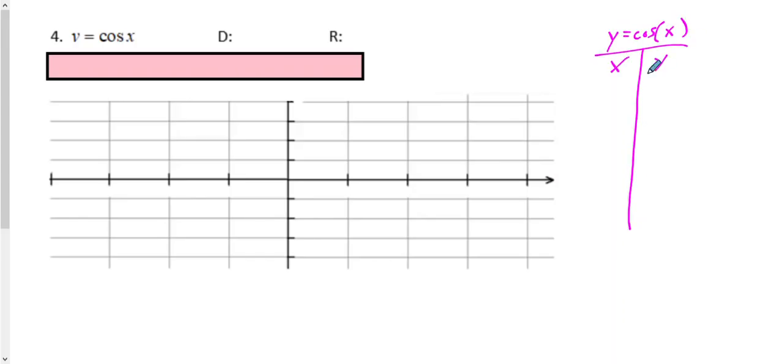So we have our 5 points, right? Now it's not 0, 0. We now are at 0, 1 to begin with, then pi over 2, 0, then pi, negative 1, then 3 pi over 2, 0, and 2 pi, 1. Because remember, this one starts at the top, then goes to the bottom and back up to the top.